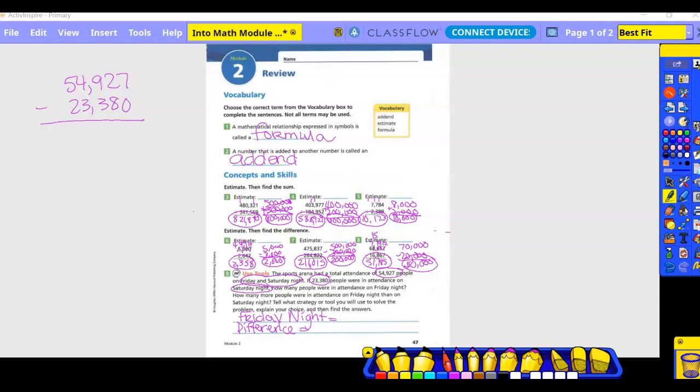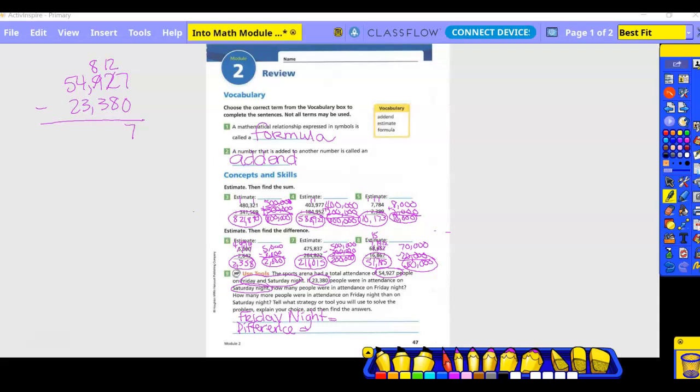Okay, can I take 7 minus 0? Yes. So 7, can I take 8 from 2? No. So this 2 becomes a 12, and this 9 becomes an 8. Do I need to simplify anymore?